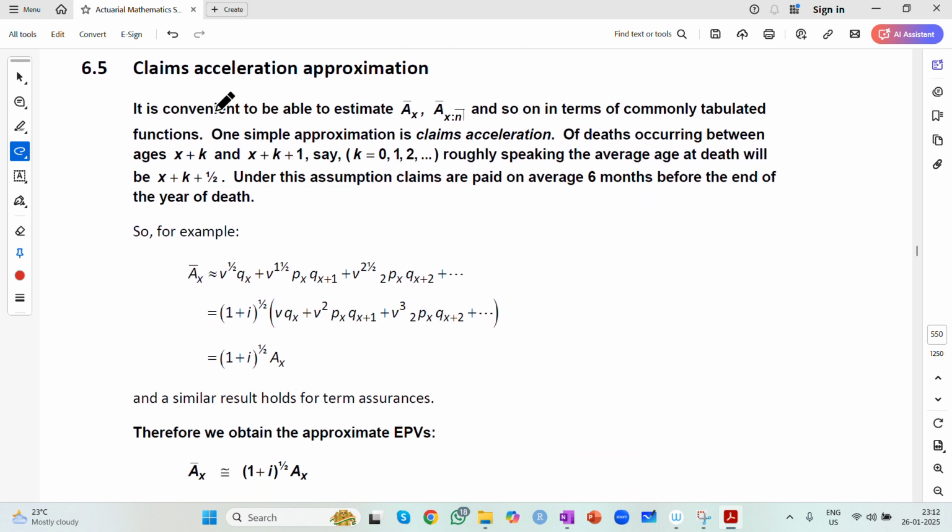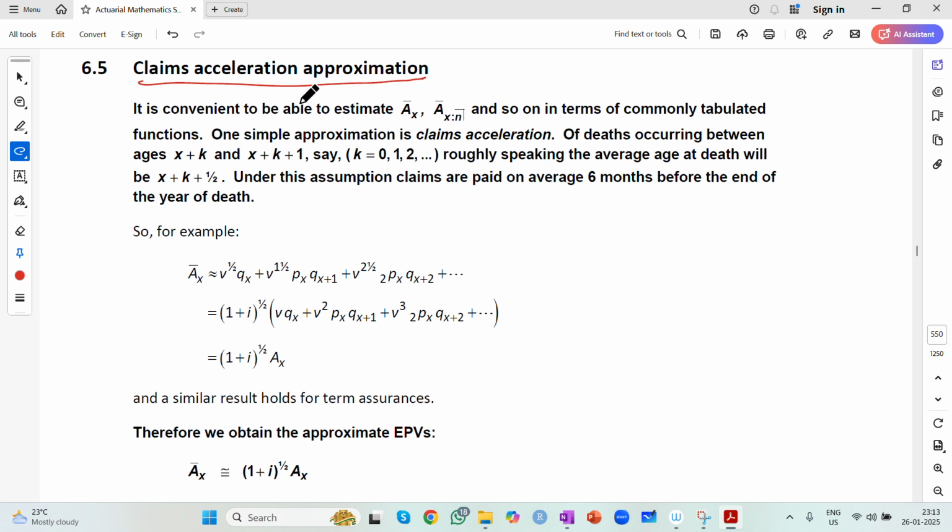Claim acceleration approximation. In A bar x, the policyholder is being paid immediately, and in Ax, the policyholder is paid at the end of the policy year of death.